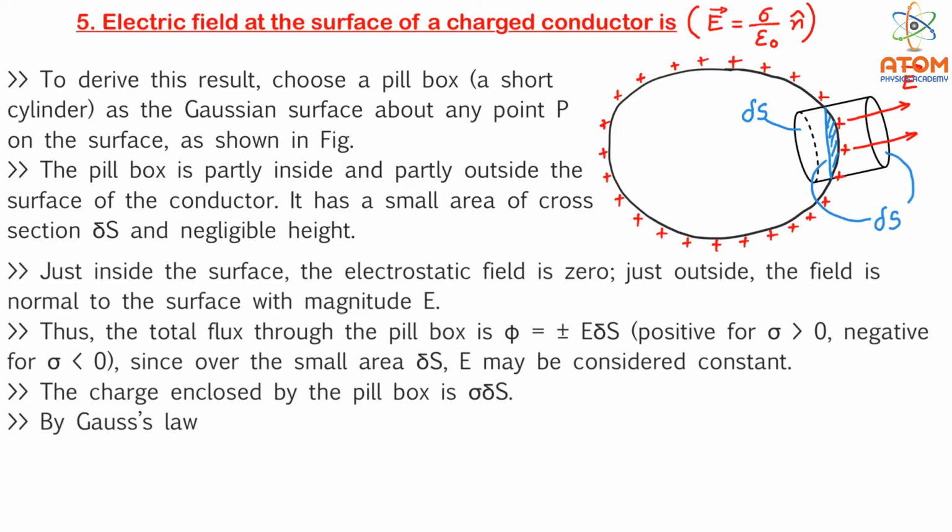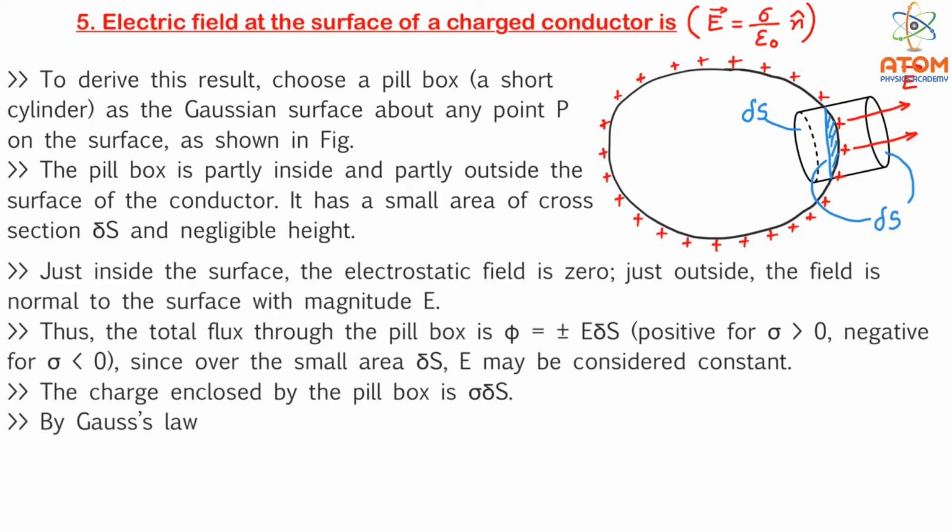Now if you want to find out the flux, we know the equation of flux phi is equal to electric field into area. So the flux coming out from this Gaussian surface, the pillbox, will be phi = plus or minus E delta S. I repeat, the flux is E into A, electric field into area.